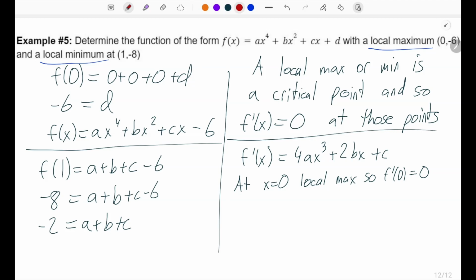So that's where we have to be careful. We're not plugging in the y value of the point. Since it's the derivative, the value that we're setting it equal to is, well, 0. So f prime of 0 is just going to be c, and that's just equal to 0. So c equals 0.